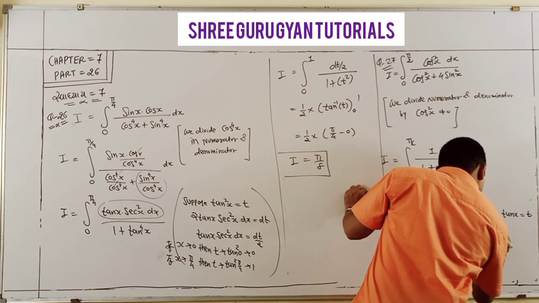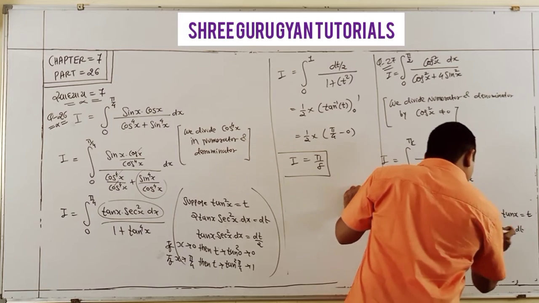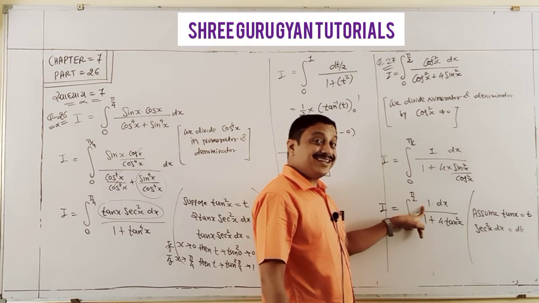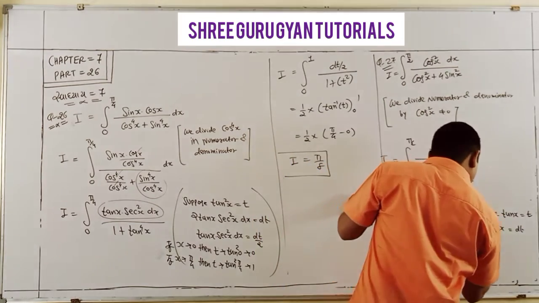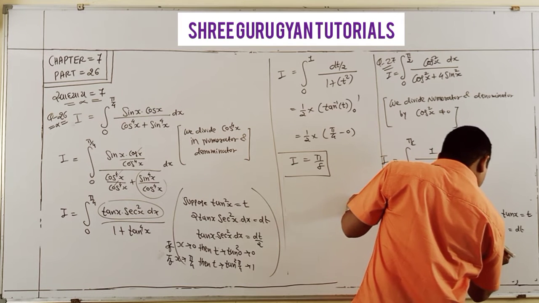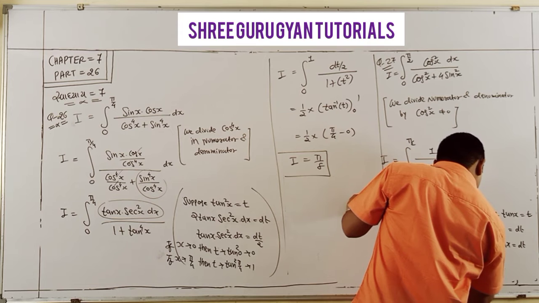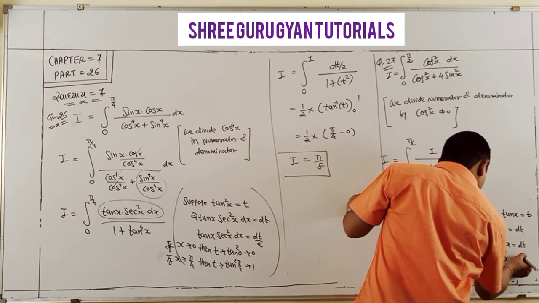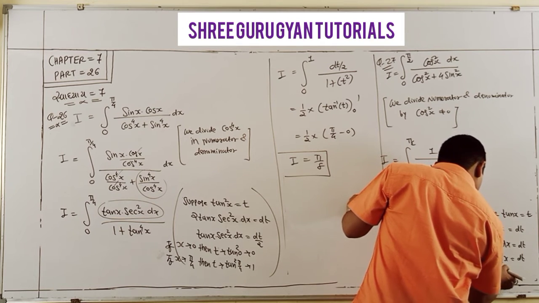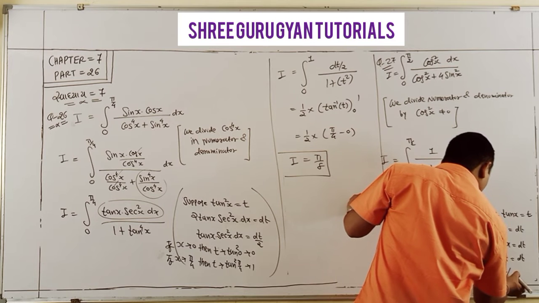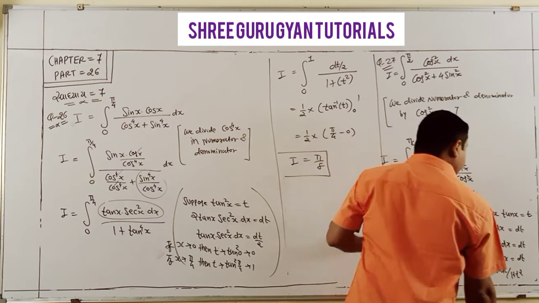The derivative is sec square x dx equals dt, but sec square x is not present in this question, so I write 1 plus tan square x, which is 1 plus t square, dx equals dt. So what is your dx? dt by 1 plus t square.